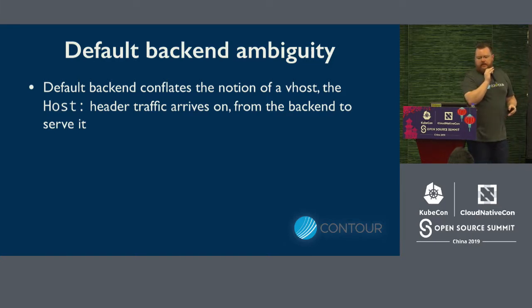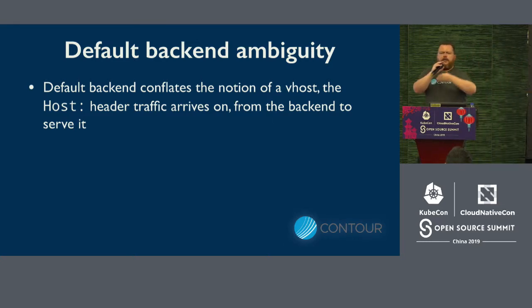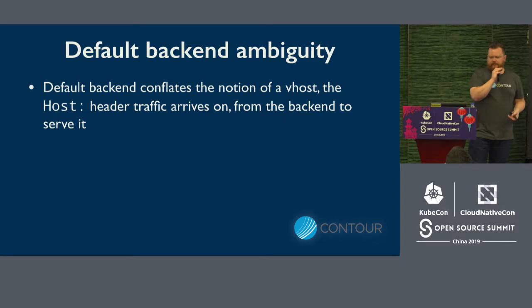And that doesn't make a lot of sense, because for some cases you might want the default rule to be send a 301 redirect to my main website. Like say you don't want to have www in your URL, but if requests come on that, you want to redirect them. There's no way to do that in the Ingress spec. There's no way to do that with the default backend.